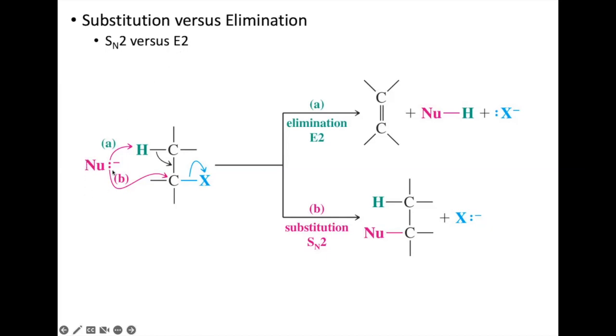So your nucleophile can act as a base, so it will abstract the proton, or it will act as a nucleophile that will attack your partial positive carbon. So kapag high proton abstraction, that will lead to elimination. Pero kung nucleophilic attack, that will lead to substitution.